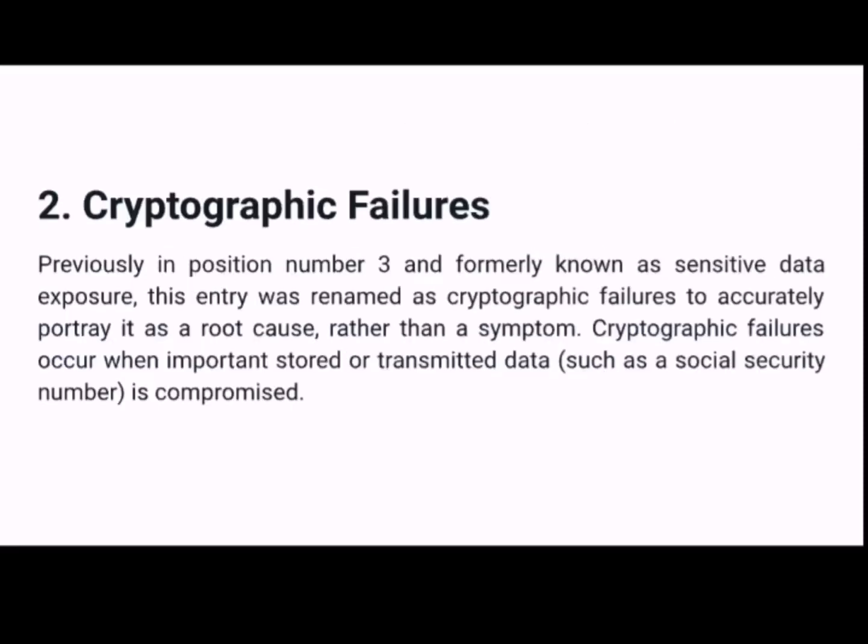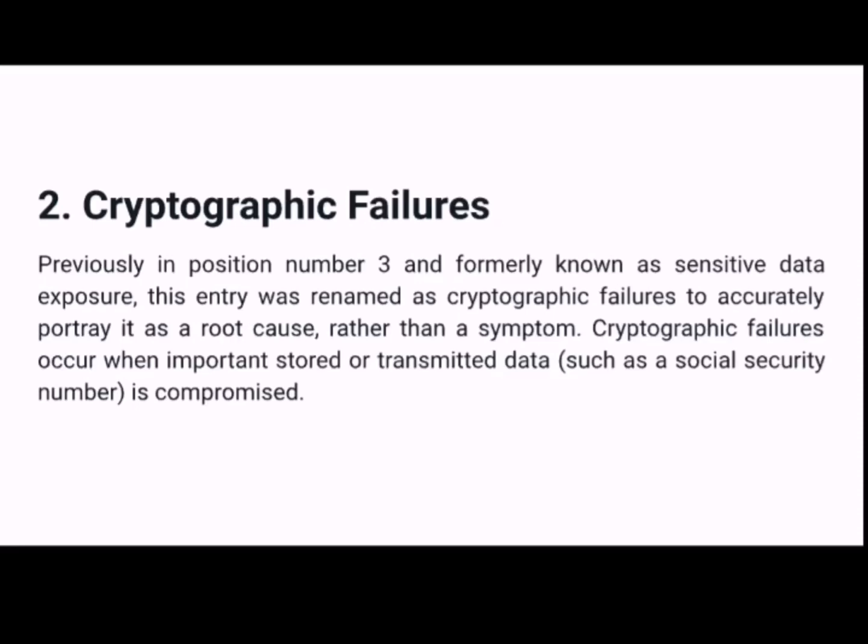And next one is cryptographic failures. Previously in position number 3 and formerly known as sensitive data exposure, this entry was renamed as cryptographic failures to accurately portray it as a root cause rather than a symptom.